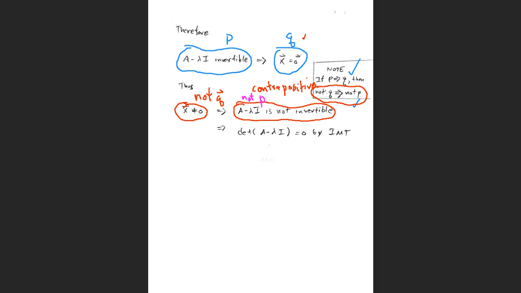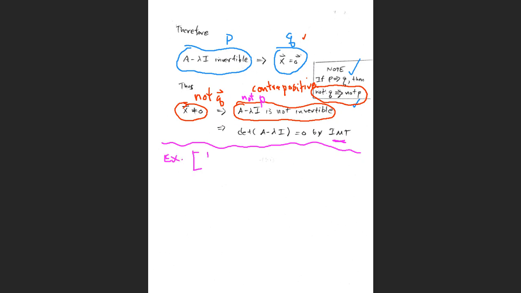Well, remember, by the invertible matrix theorem, if you have a matrix that's not invertible, then the determinant of that matrix is going to equal 0. Okay, so for an example, let's take an easy one.